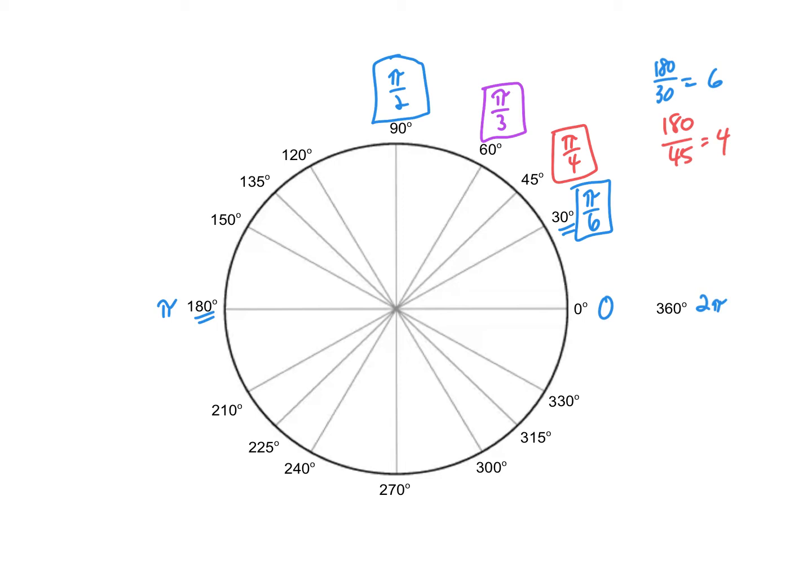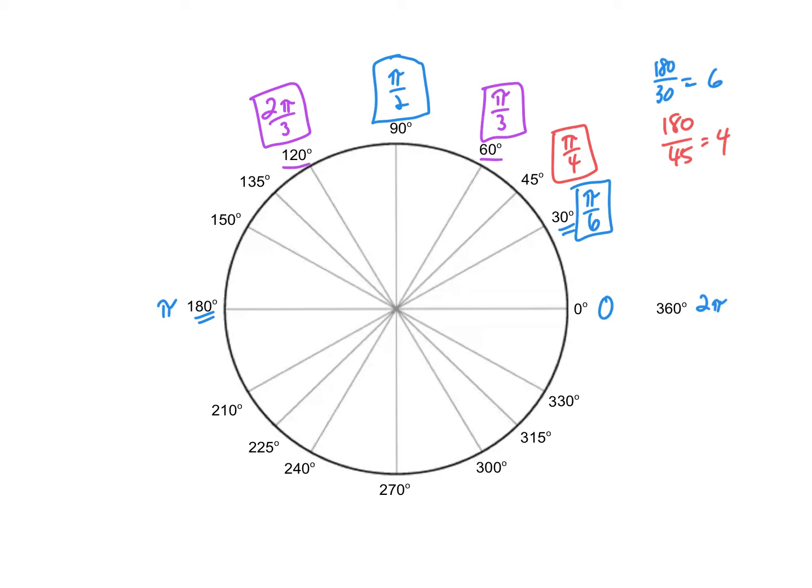So 120 is 2 60s. Let me say that again in case you missed it. 120 is 60 times 2. So it's going to be 2 of the pi over 3s. So the way we write that is 2 pi over 3.